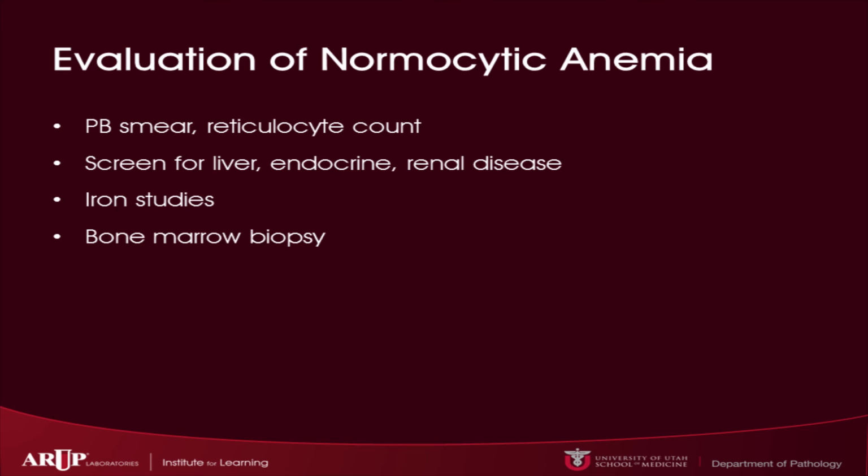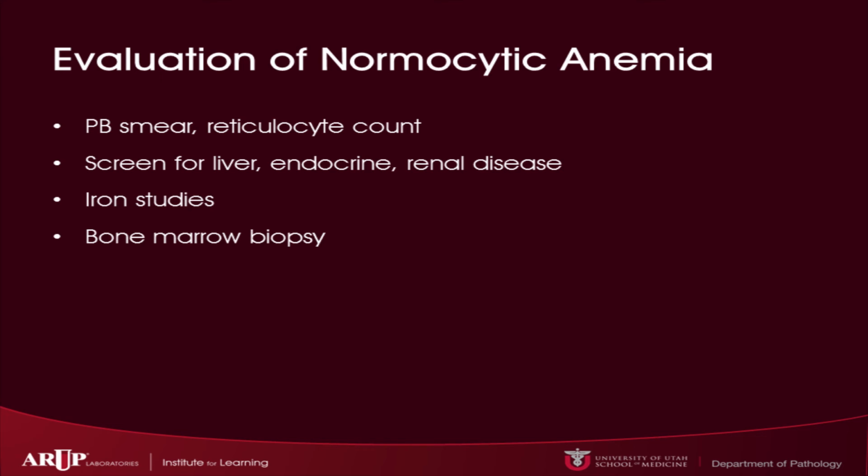Sometimes iron studies might be helpful too, because some iron deficiency anemia can also come under normocytic anemia, especially the borderline category. If the iron parameters are completely low, that would help to diagnose borderline iron deficiency anemia.